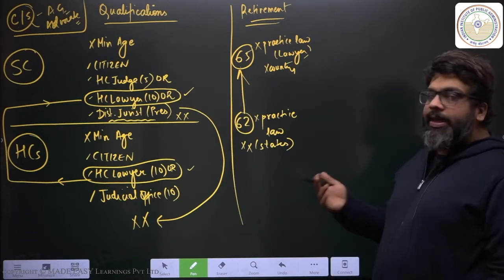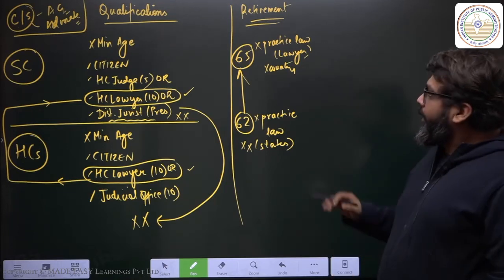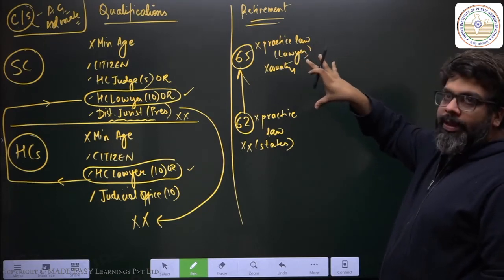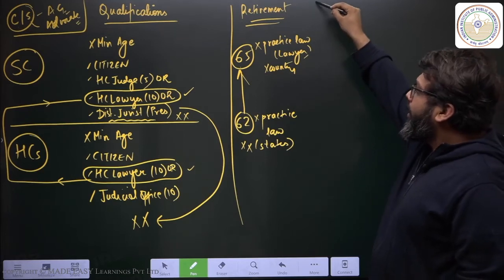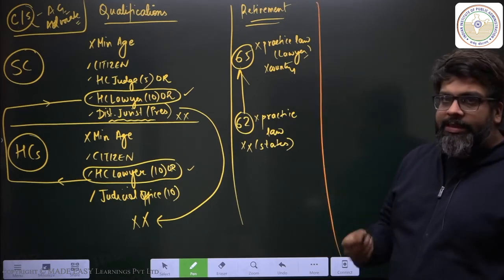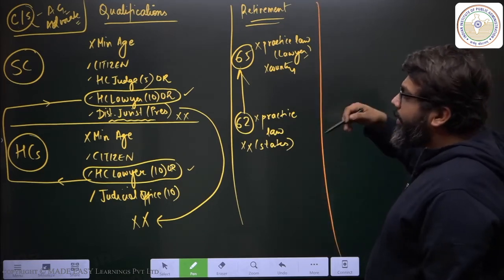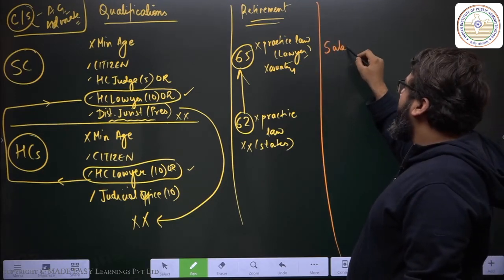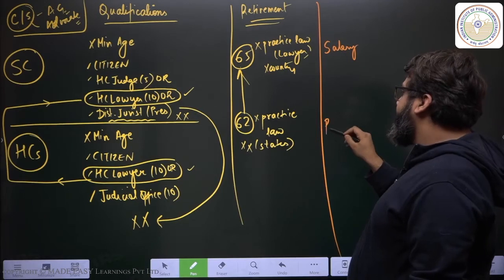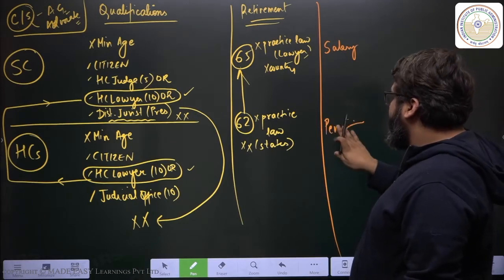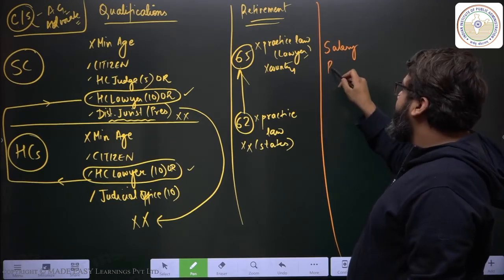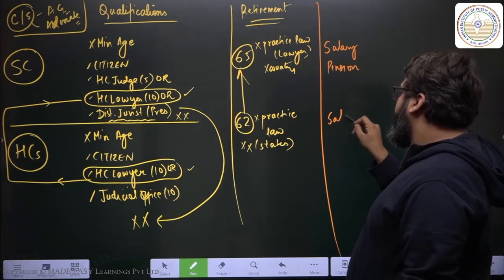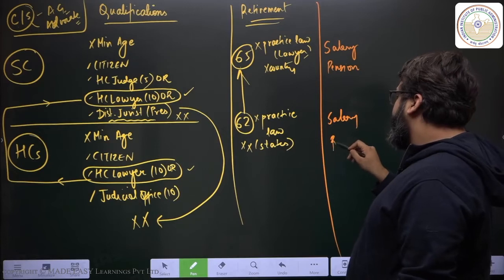Okay, very interesting. Now, since there are going to be restrictions after retirement, we must also understand as clearly as possible what your benefits are. So you've got a salary and you've got a pension, and here also you've got a salary and you've got a pension.